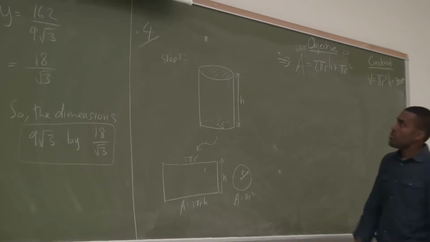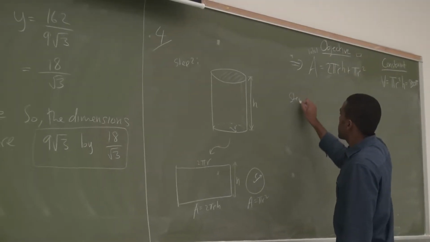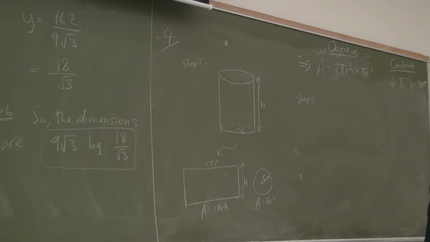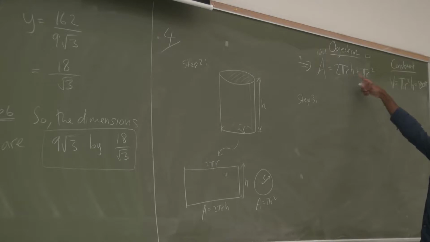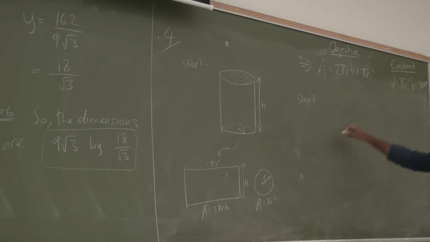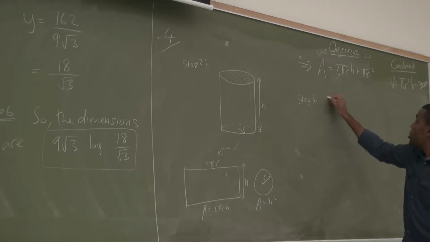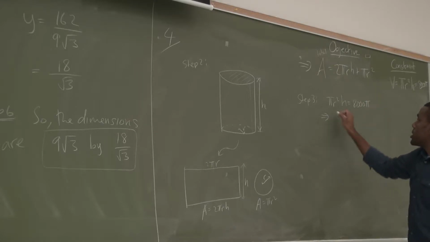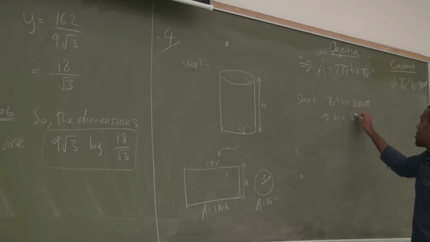You solve for a variable. Step 3: solve for one variable here, plug it into there. Personally, I'd rather solve for the h to avoid square roots. So now I know pi r squared h is equal to 8,000 pi. This means that my h would be 8,000 over r squared.